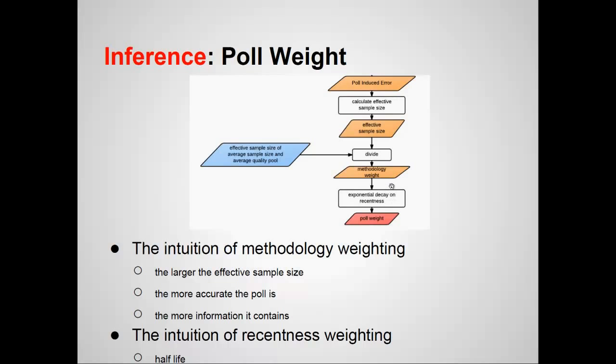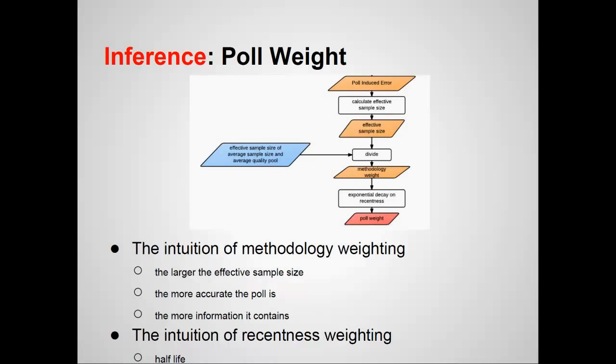After that, we also want to do an exponential weighting. We want to weigh the poll according to its distance to the election, which is a measure of relevance. So the recentness weighting is borrowed from this concept of exponential decay and half-life. So he chose the half-life, let's say I take 30 days as my half-life.